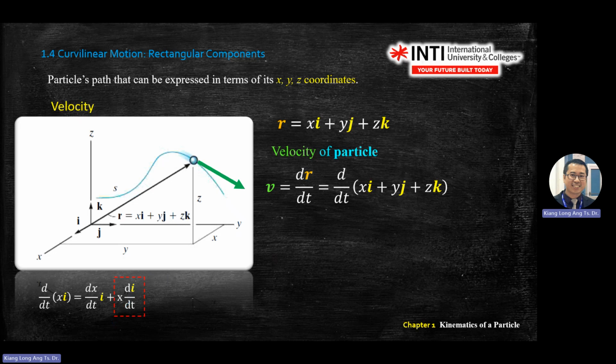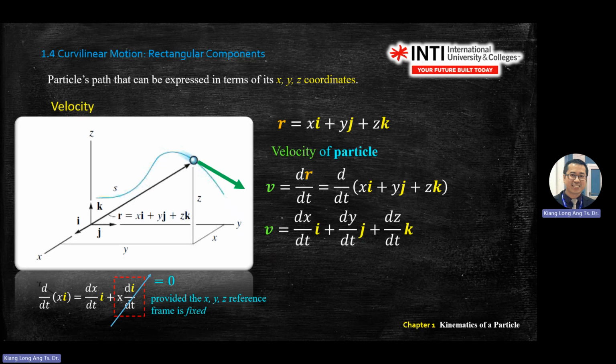So for di dt, you get 0. Same with the y and z.